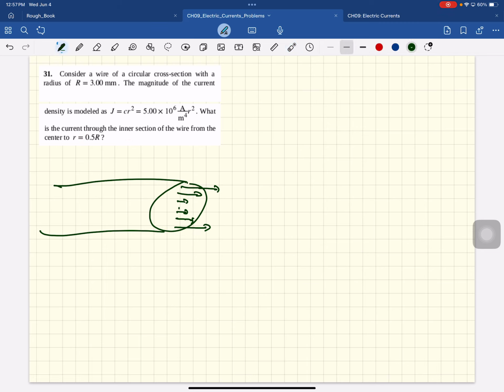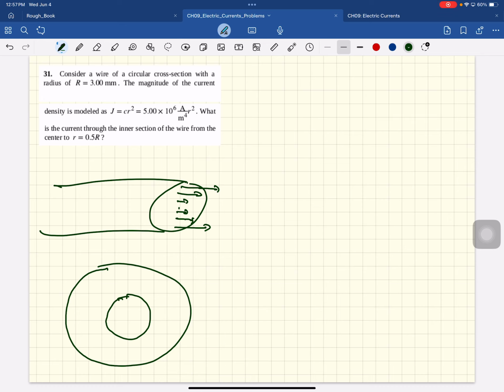So DI, so what we'll do is, now I'm going to draw an end-on view. Here's an end-on view. Since it has radial symmetry, this is the current coming out, okay?